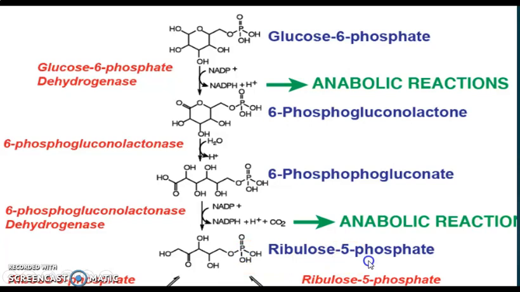Ribulose 5-phosphate. Ribulose 5-phosphate is an intermediate of pentose sugar. So this, with the help of the enzyme 6-phosphogluconate dehydrogenase, here also again a dehydrogenase is coming, this enzyme converts 6-phosphogluconate to ribulose 5-phosphate. Here also what happens? The intermediate synthesis occurs, that is NADPH. That's why it is an anabolic reaction. Okay.